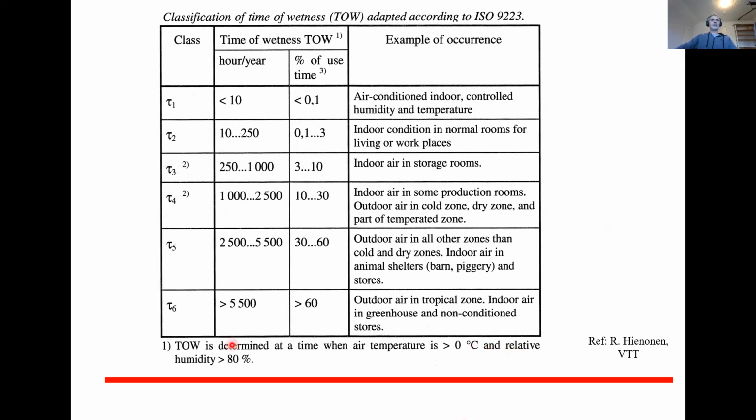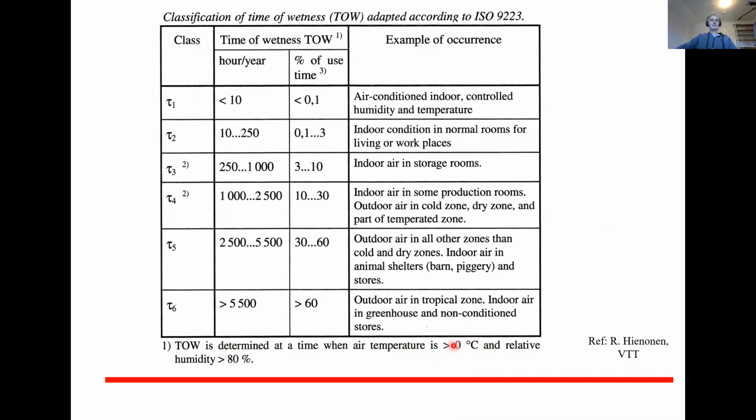And also relative humidity is more than 80%, which means that locally one can have absorption or adsorption of moisture if there's a cold spot or something like that. So this is just a way of defining it.